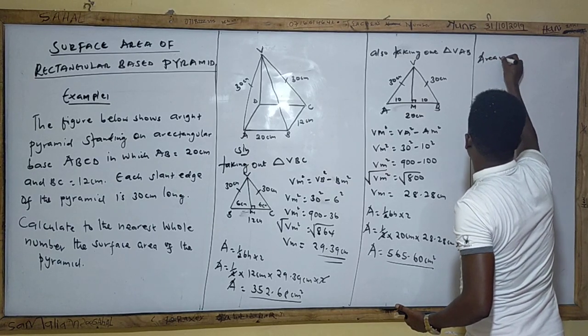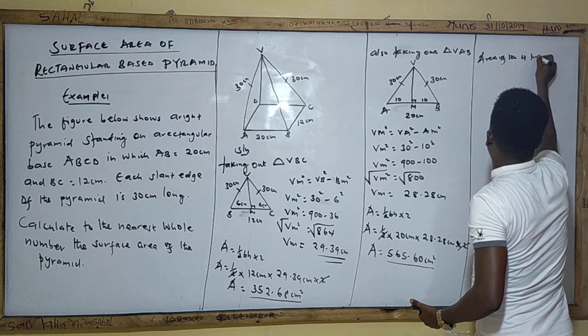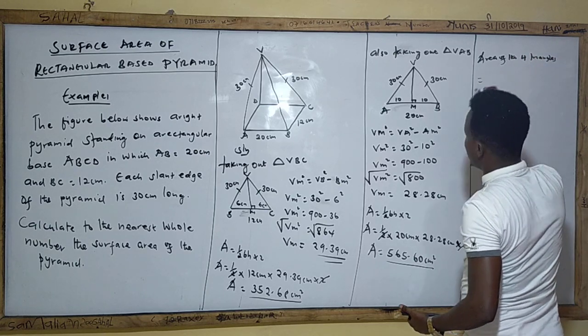Then I'll say area of the four triangles. Just understand this. It is equal to, I'll add these two.